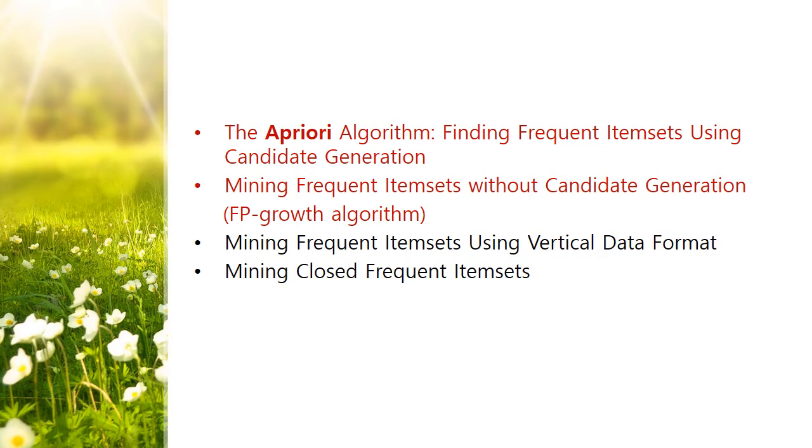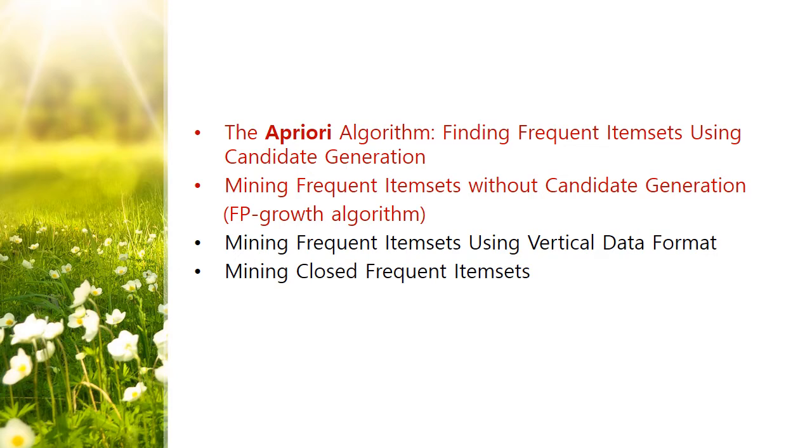First one is mining frequent item sets without candidate generation. We have studied a method using candidate generation. Now we are going to study a method that does not use candidate generation, known as the FP growth algorithm.